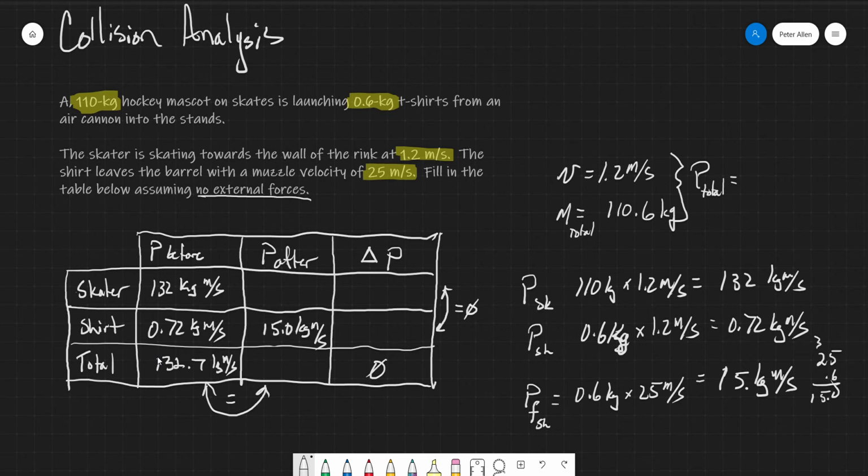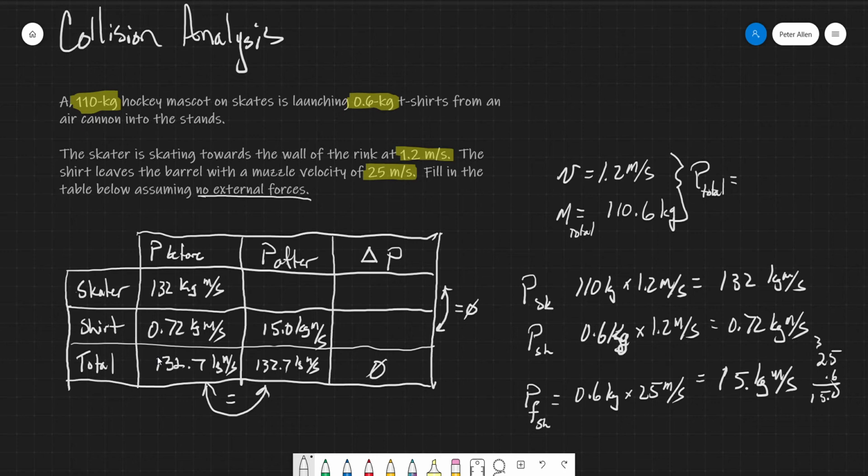All right. But if our total momentum is the same at 132.7, then that means our momentum afterwards, remember this stays the same, is going to be our 132 minus however much this one increased.